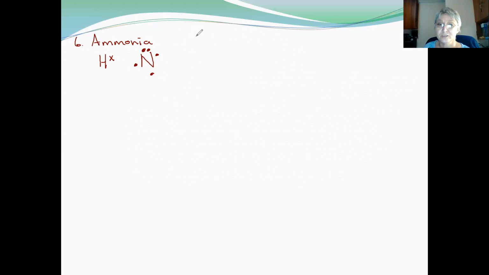So for the Lewis structure for ammonia, the hydrogen will share 1 electron with nitrogen, and the nitrogen needs another hydrogen and another hydrogen to share its valence electrons that are not together with other electrons. The Cooper structure for ammonia looks like this.